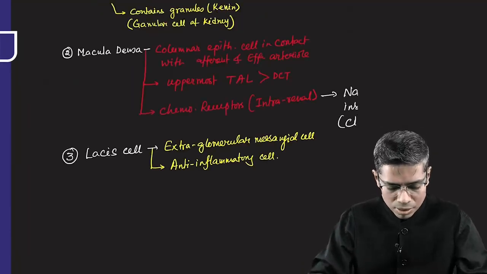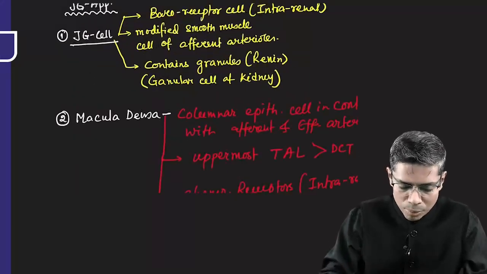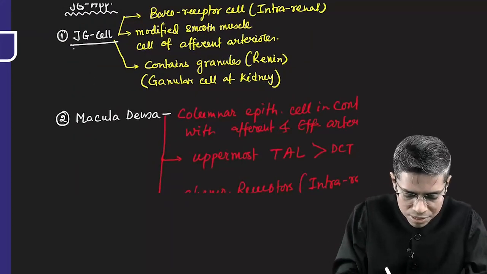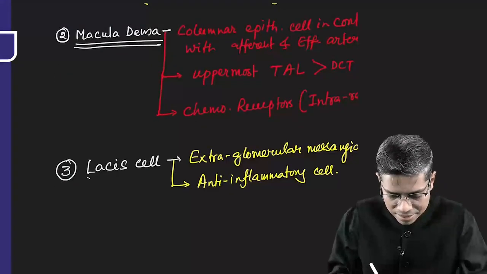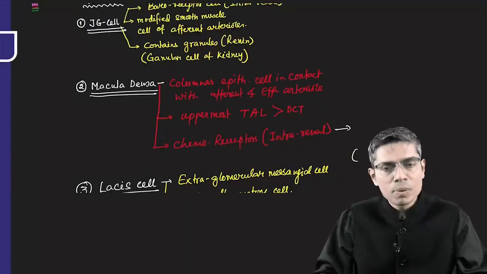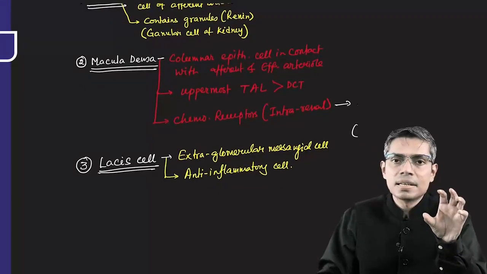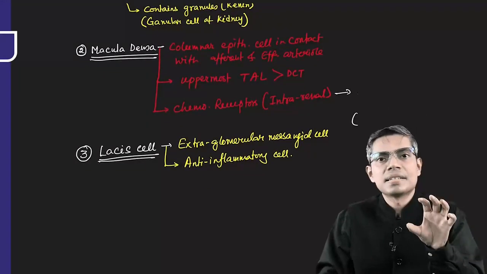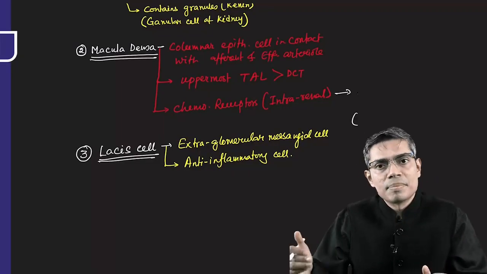So what are the three components? JG cell, macula densa cell, and the Lacis cell. If I have to remember only one word for each: JG cell is the baroreceptor cell, macula densa is the chemoreceptor cell, and the Lacis cell is the anti-inflammatory cell.